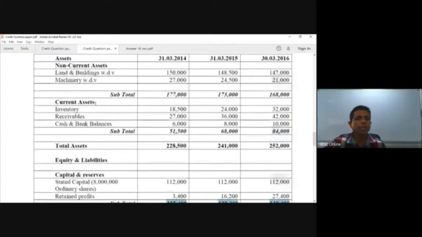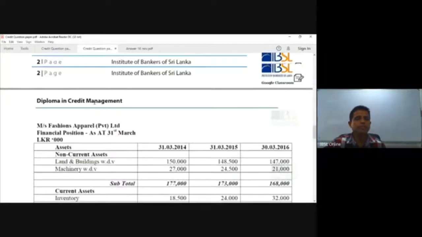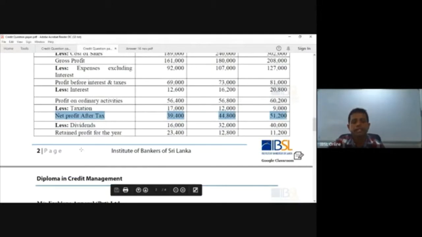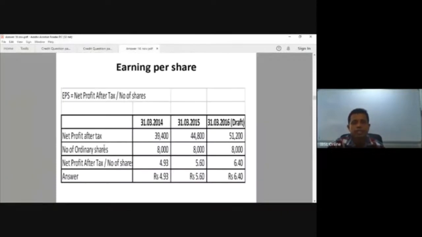In the income statement, you have net profit after tax: 39,400, 44,800, 51,200. The number of ordinary shares is where I find most people make mistakes.